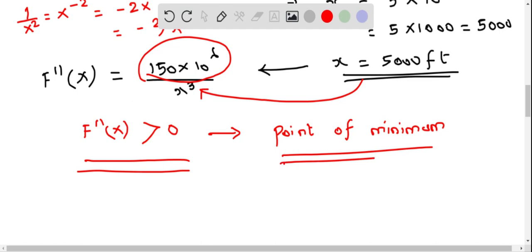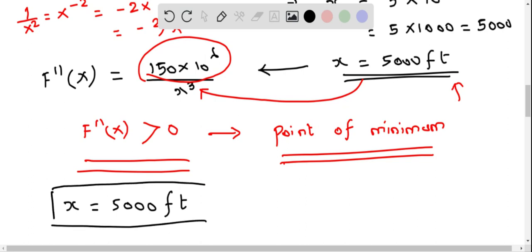So the x value that we have determined over here at this point or at this length, the cost of fencing is minimum. So we can take this as the final value of x, or in fact we can also call this the critical number. So therefore the critical number here is x equals 5000 feet.